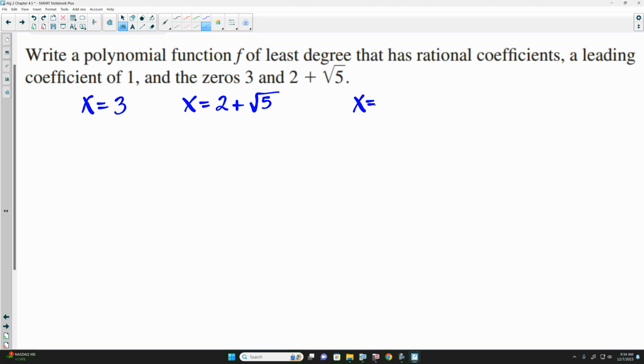Because if 2 plus the square root of 5 is a solution, 2 minus the square root of 5 has to be a solution as well. How many solutions do we have? Which means our final polynomial function should be a degree 3. 3 solutions, degree 3. Questions on how we got this started?